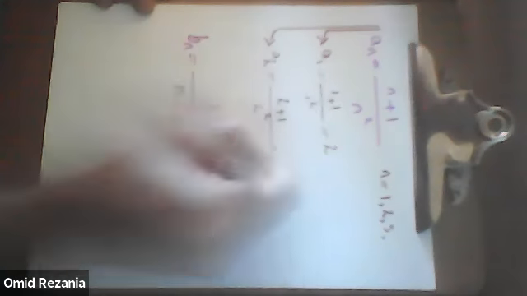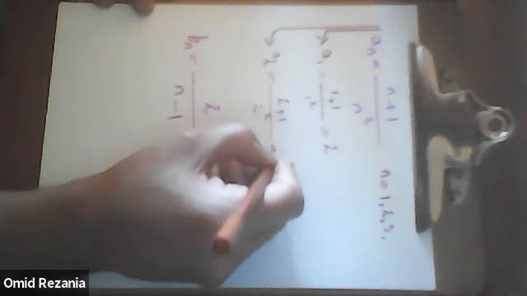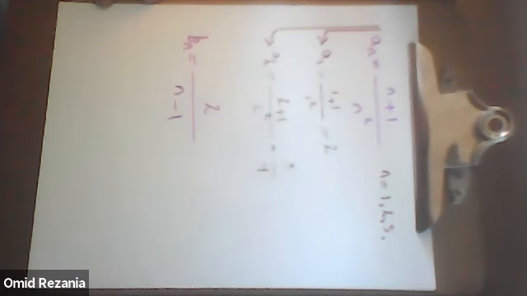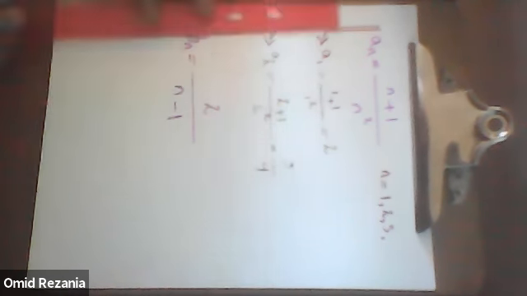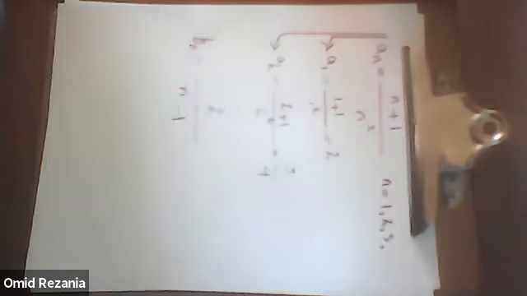What do I end up with? 3 divided by 4. And you can continue with the rest of the terms. For a_3 becomes 3 plus 1 divided by 3 to the power 2, becomes 4 divided by 9. Any questions for this example? No. Awesome. And now we move on to the next.